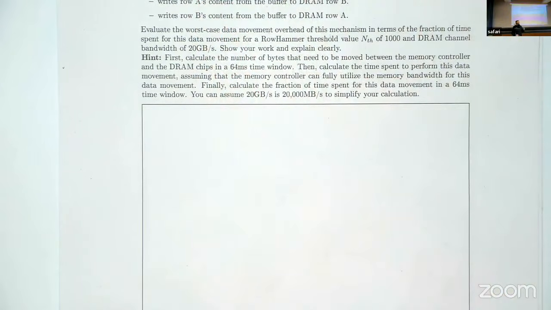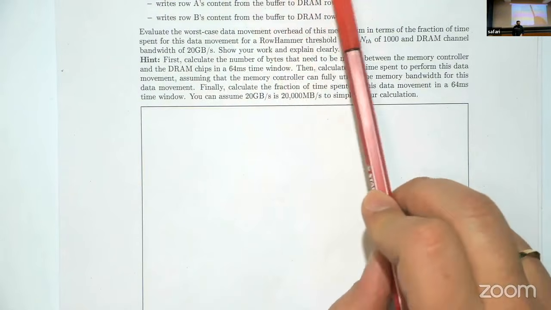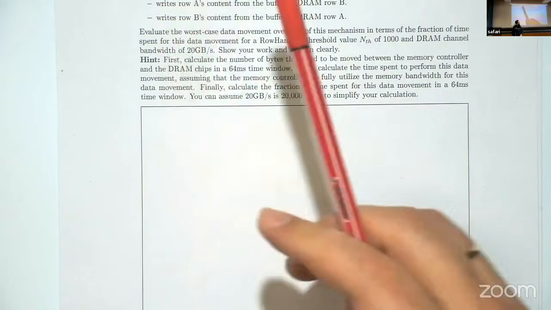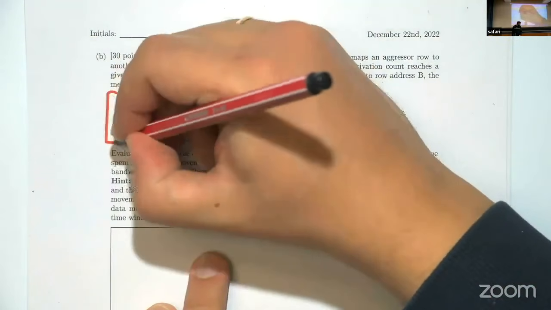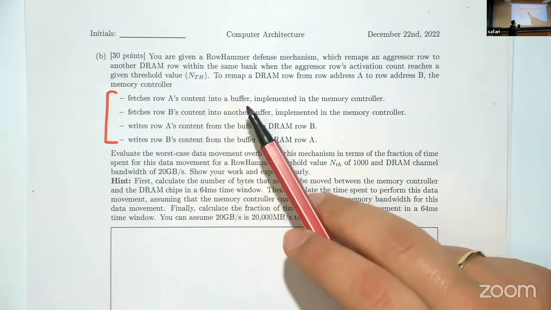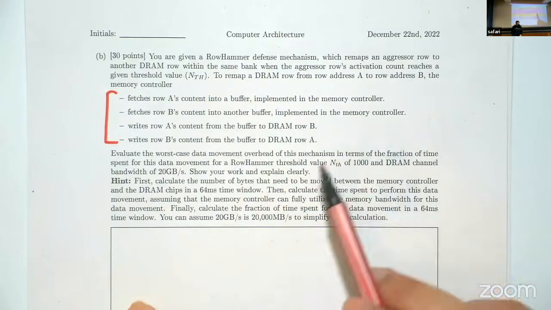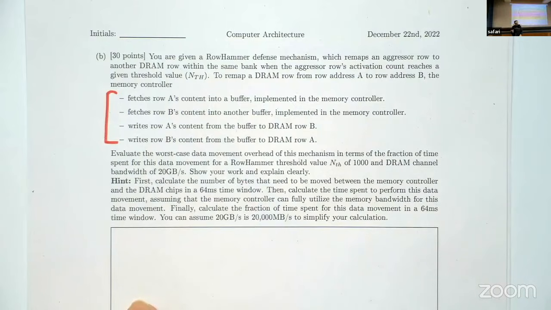So let's say row A is being hammered and it detects it. What it does is it fetches row A's content into a buffer in the memory controller, and then fetches row B's content into the buffer in the memory controller, and then writes row A's content to row B and row B's content to row A, so that you swap the rows and you change the mapping.